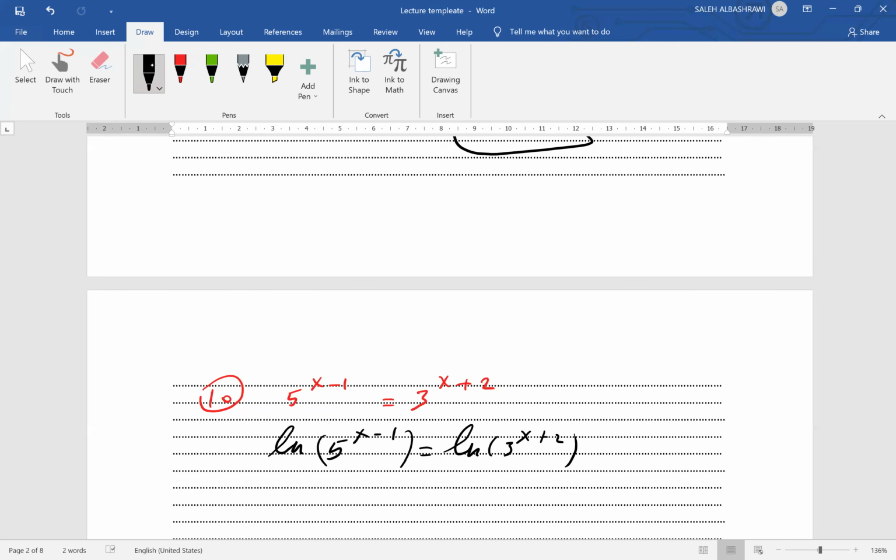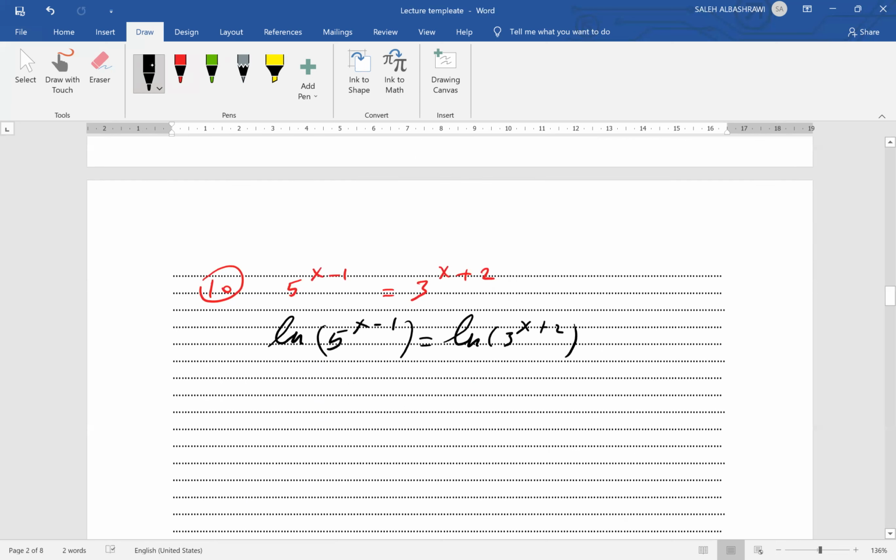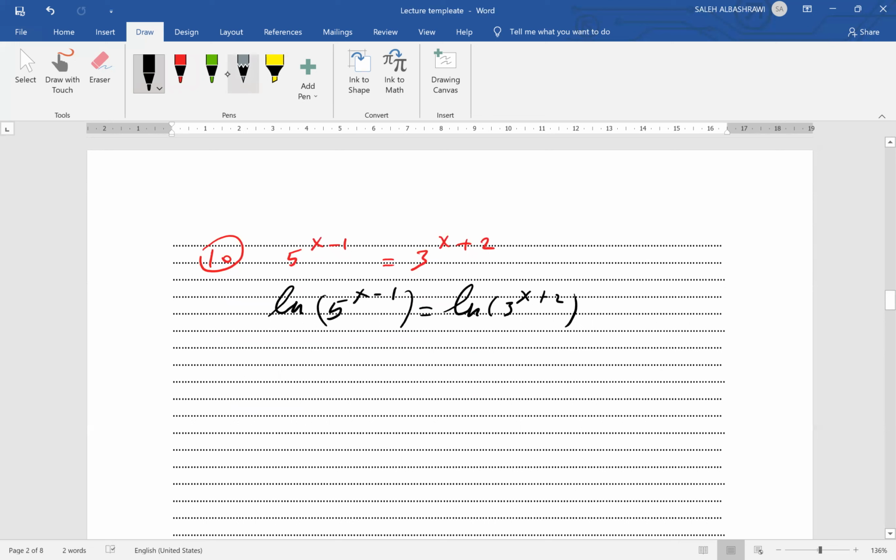Using the properties of the logarithm, the power will be written down in front. Then I will have x minus 1 multiplied by ln of 5. Put it in a bracket because I have two terms, x minus 1.